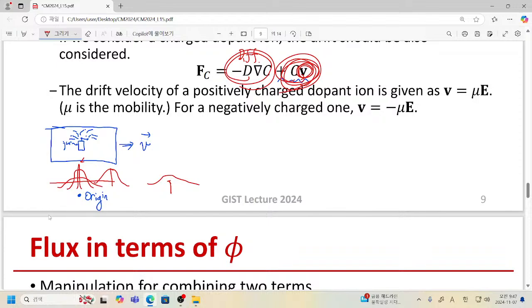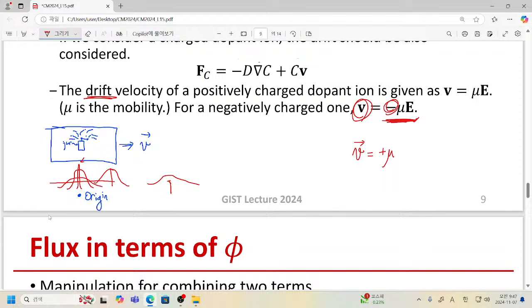Of course, there can be many different mechanisms. However, what we want to do is just the drift term, the electric field effect. So if we have an electric field effect, then that will introduce this kind of average velocity. If we have a negative charge, that will introduce a certain velocity, and of course if there is a positive charge, then we will have this one.